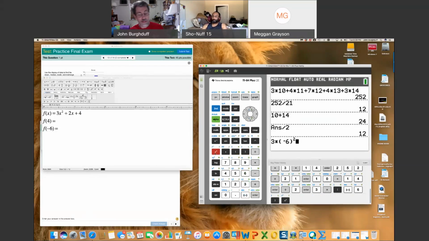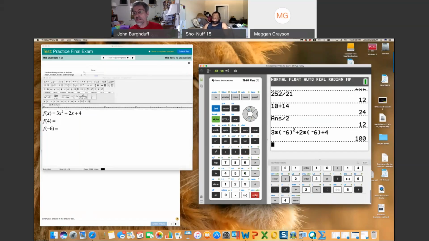Then square it plus 2 times, and again, to be safe, let's just put the x in parentheses so that we're using all of that x, and then finally plus 4. So I am going to bet, not to pick on you or anything, that there's some parentheses missing when you did it on your calculator. This should end up like that.